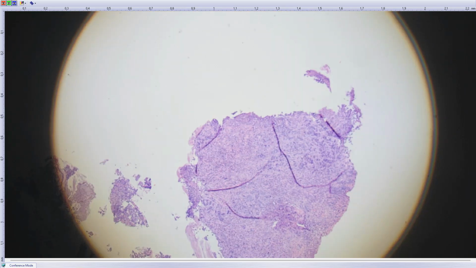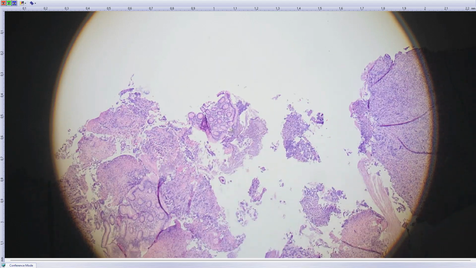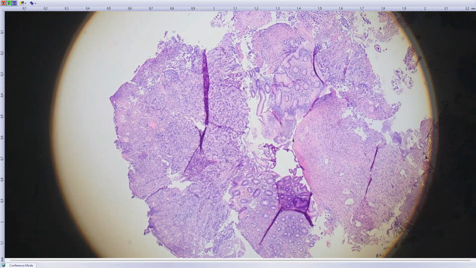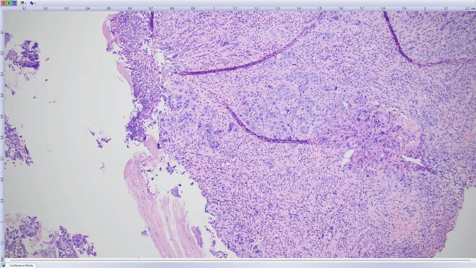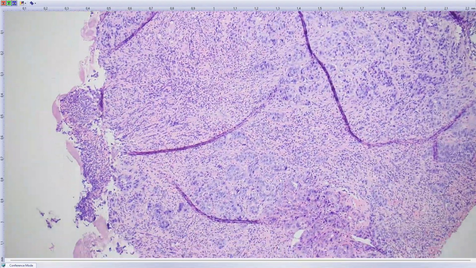The patient also had a biopsy from the cecum, and in the colon there was adenocarcinoma.